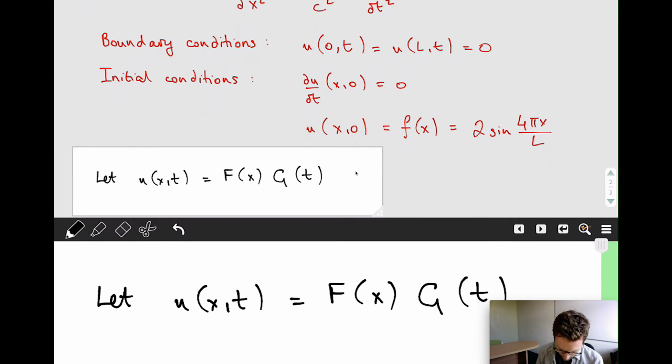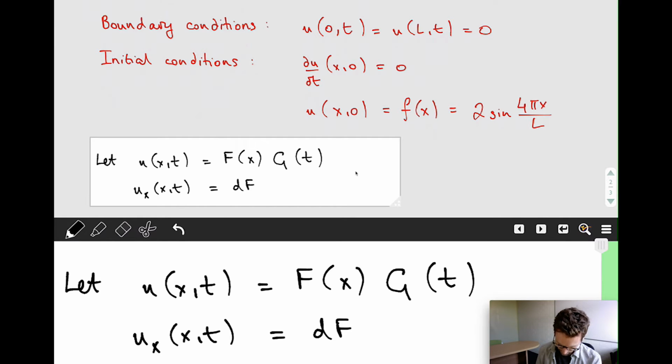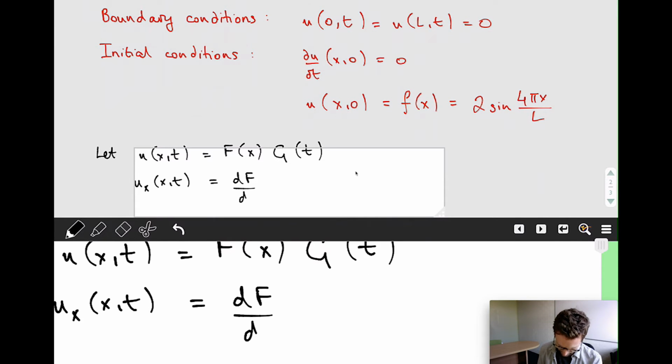So that means that we can transform our partial derivatives. The derivative of u with respect to x is only going to affect f of x, so that'll become the ordinary derivative of f with respect to x. It doesn't do anything to g of t.